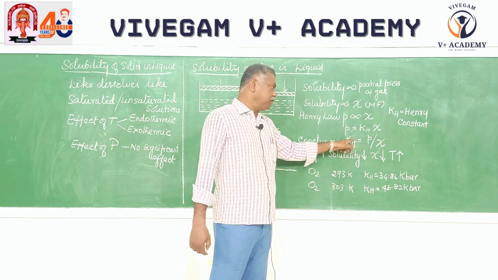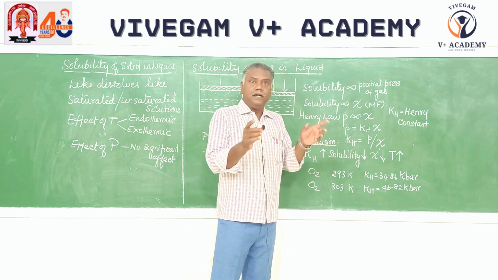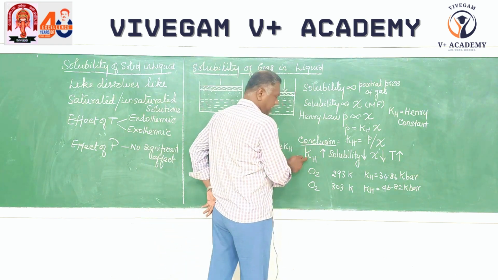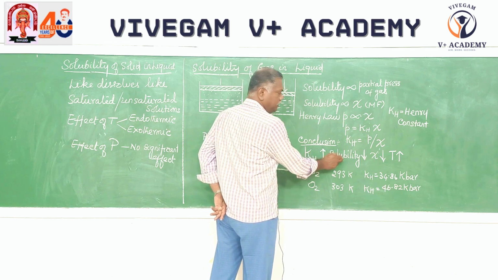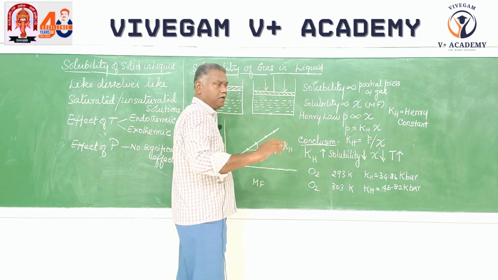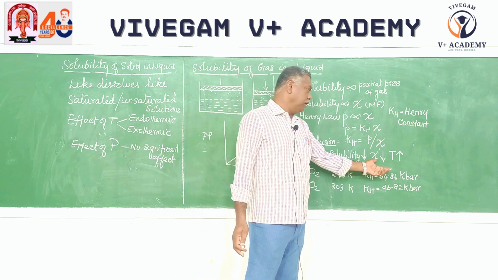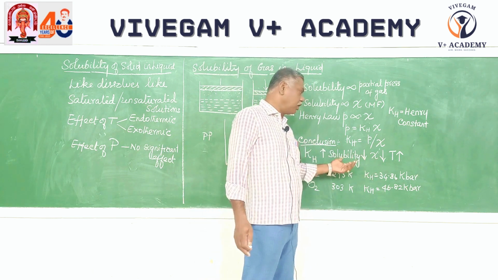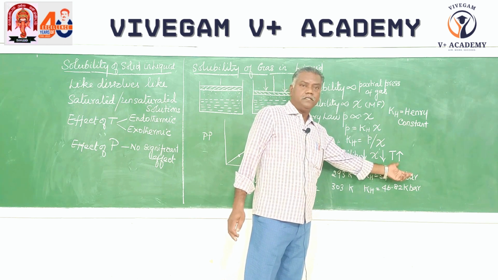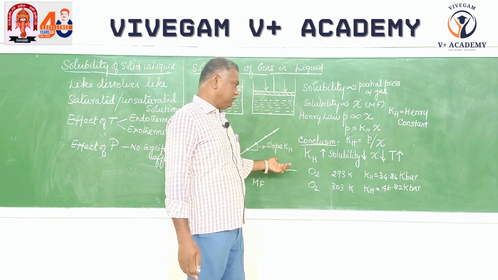And partial pressure and Henry's constant, they are directly proportional, no problem in it. So see, kH is increasing, solubility is decreasing, and solubility and mole fraction are related. Automatically mole fraction will decrease because solubility is decreasing when this is the condition. As the temperature increases, all these things happen.